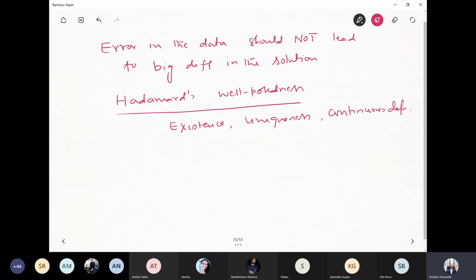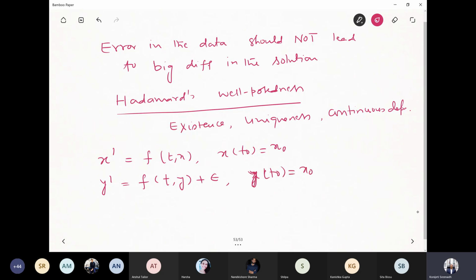Basically, precisely, let me write: x prime equals f(t, x) with x at t naught equals x naught, and take another problem, y prime equals f(t, y) plus small epsilon with y at t naught equals x naught plus delta. So the data is perturbed by an epsilon and delta.